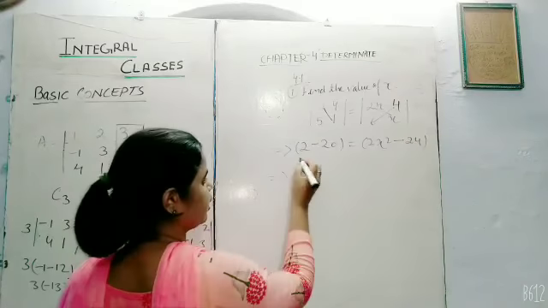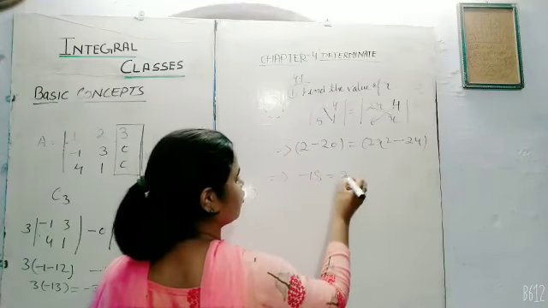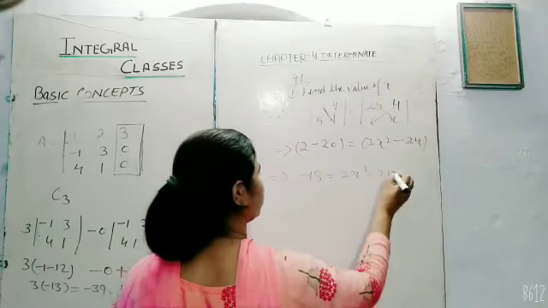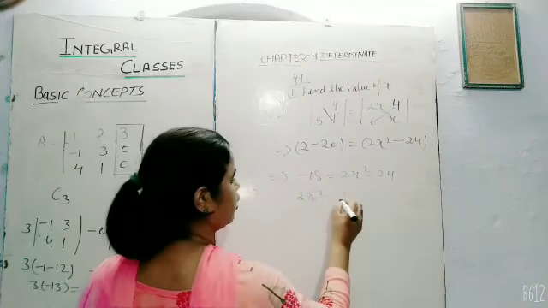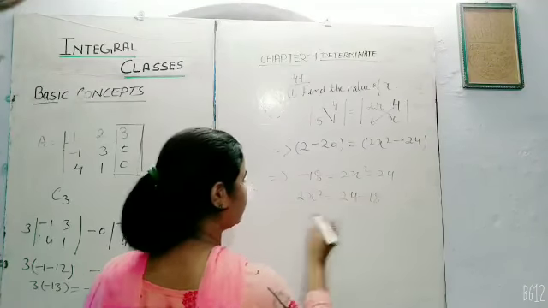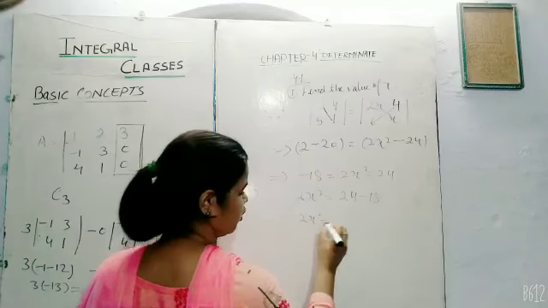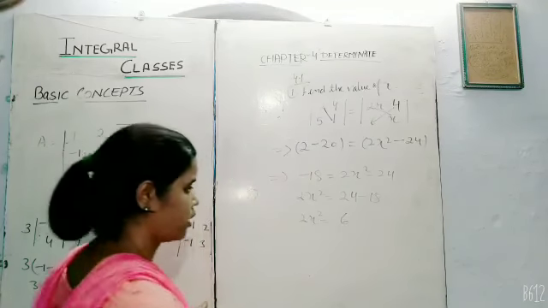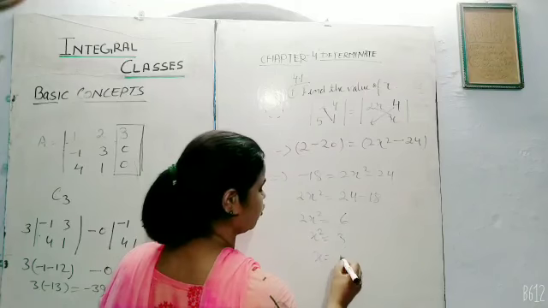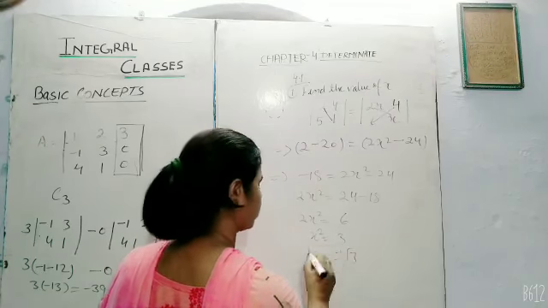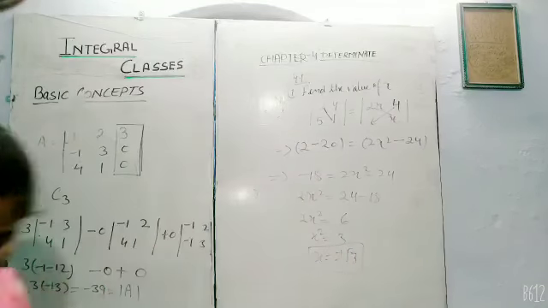Now we get minus 18 equal to 2x square minus 24. It goes to this side, it becomes 2x square equals 24 minus 18. Therefore 2x square equals 6, so x square equals 3. Then x equals plus minus root 3. It is the value of x.